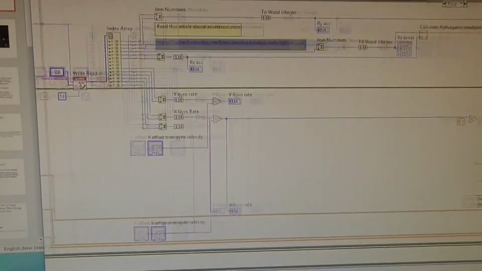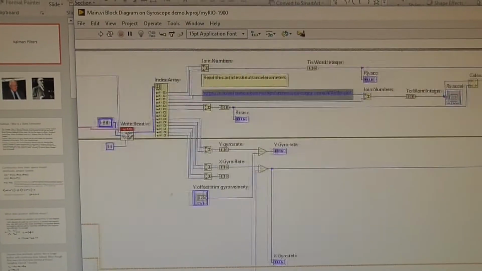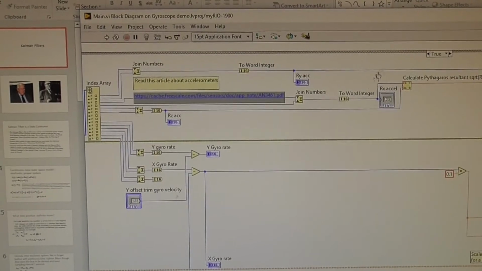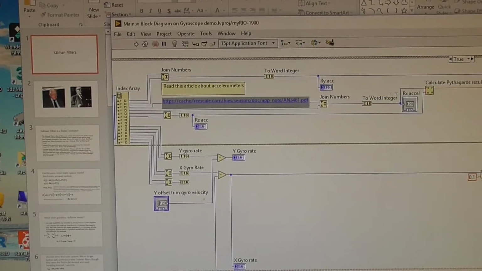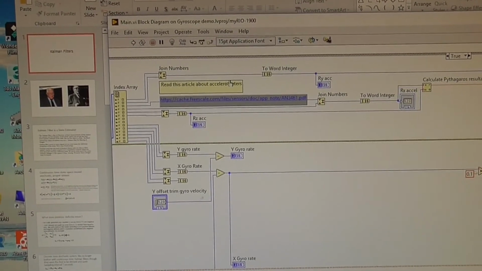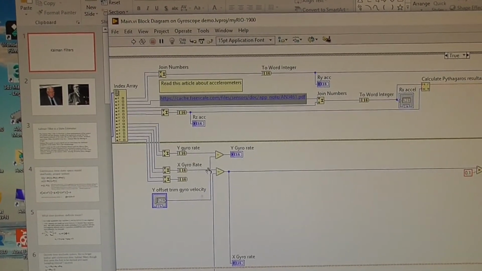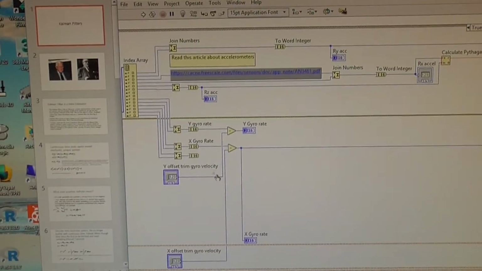And that goes into our main loop, and this gives us three outputs for the accelerometer: the X, Y and Z readings for the accelerometer, and the X, Y and Z readings for the gyros down here.